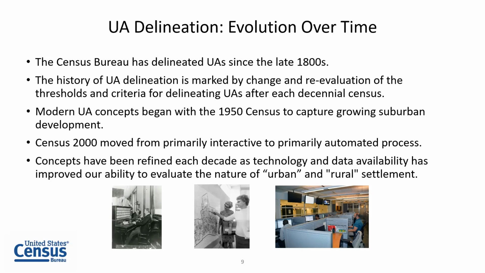The criteria that we're most familiar with began with the 1950 census, when the Census Bureau began defining density-based urban areas based on housing unit density, and including non-contiguous high-density areas based on jumps across low-density territory. And then beginning with the 2000 census, the urban area delineation process has become more of an automated process rather than an interactive process to further reduce some of the subjectivity that could be added in.